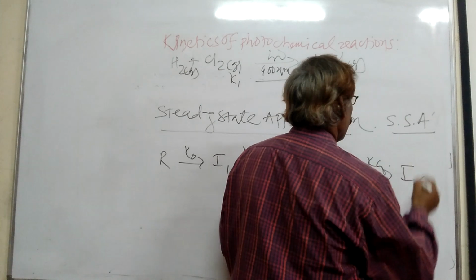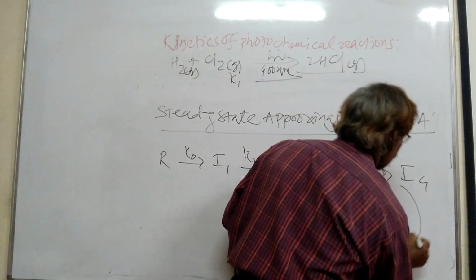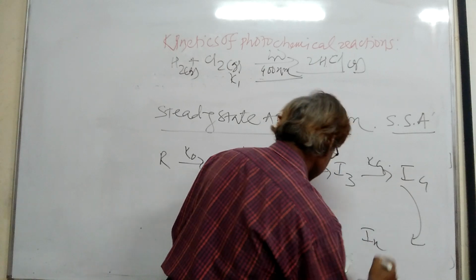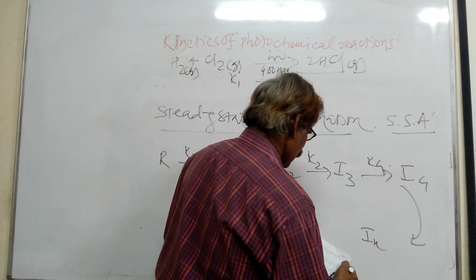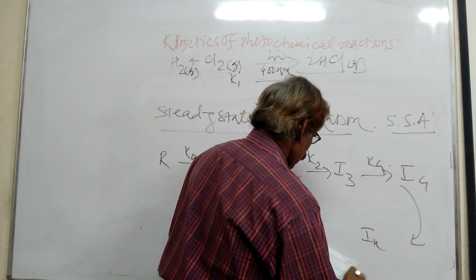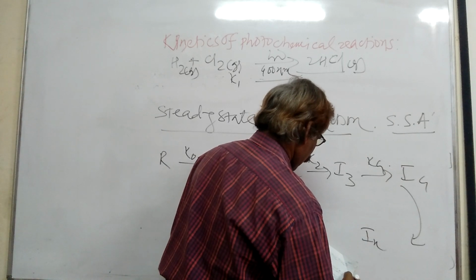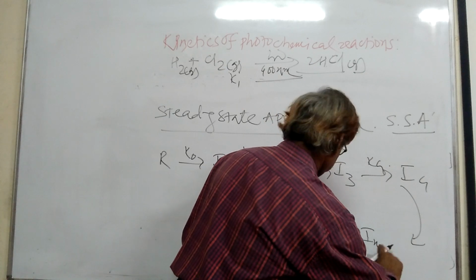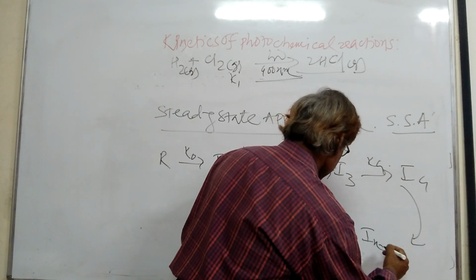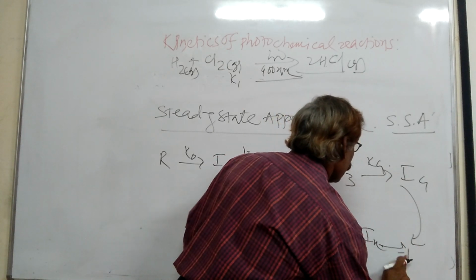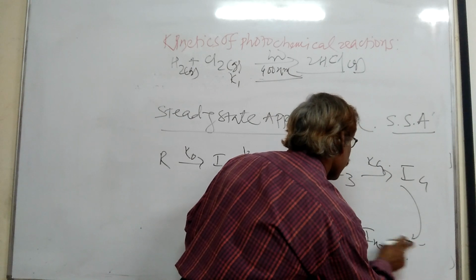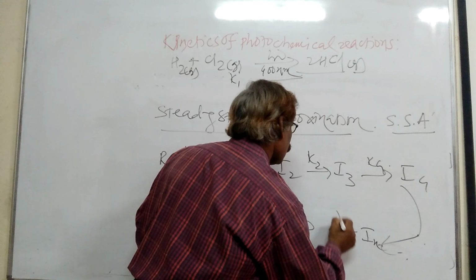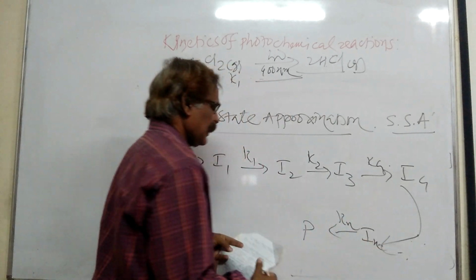In this way, I4 is converted into IN minus 1, then IN, and at last IN gives P, with rate constant KN.